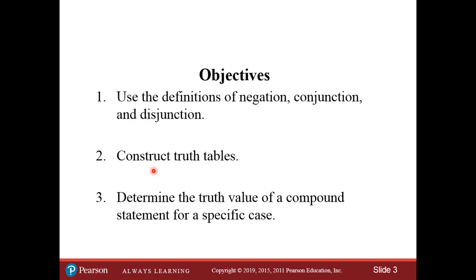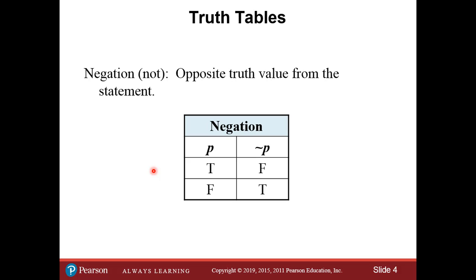So truth tables are tools that will tell us under what truth values a particular statement or compound statement is going to be true or false. If we look at a truth table, we list the first column, or the first couple of columns depending on how many statements you have.